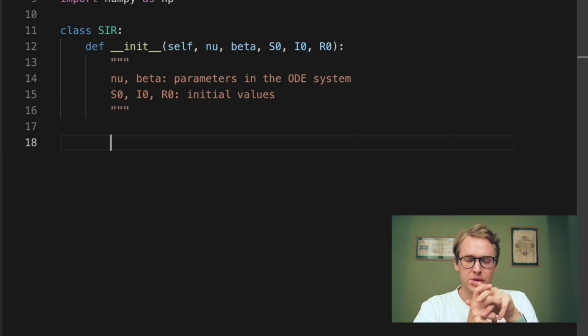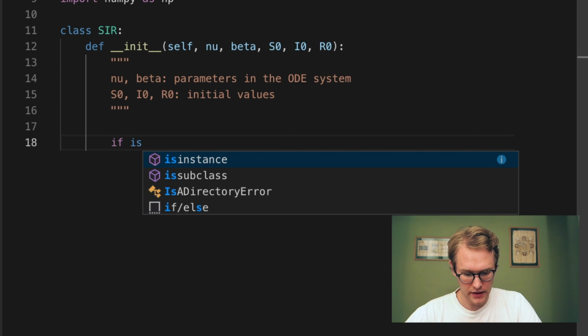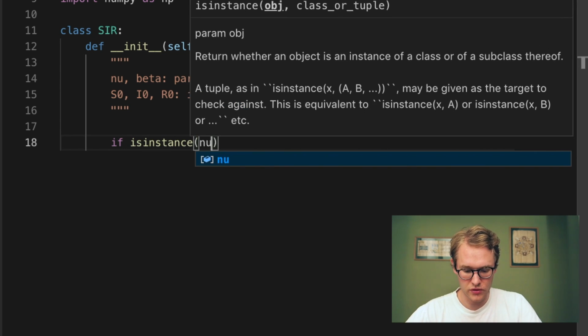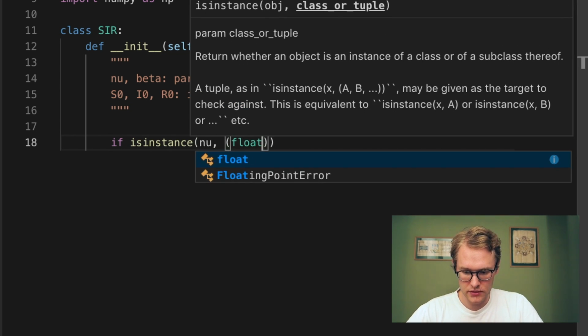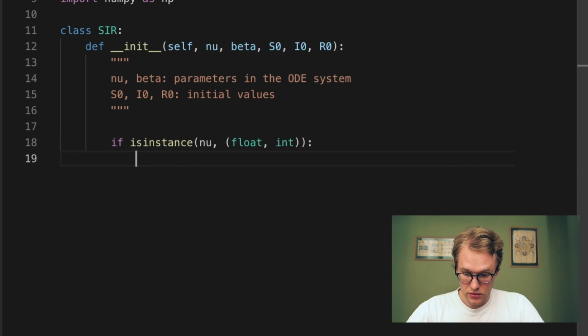So how we'll do this is we'll check if they're a number or if they're callables, if they're functions. If we have an isinstance, nu first, it's a float or an integer. So is number.